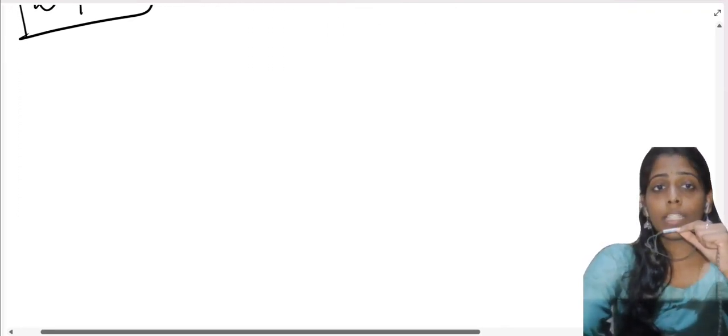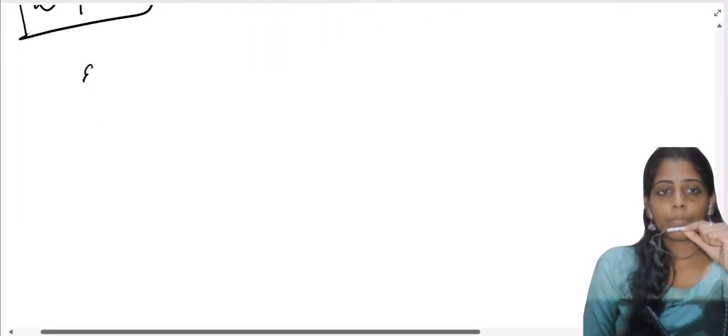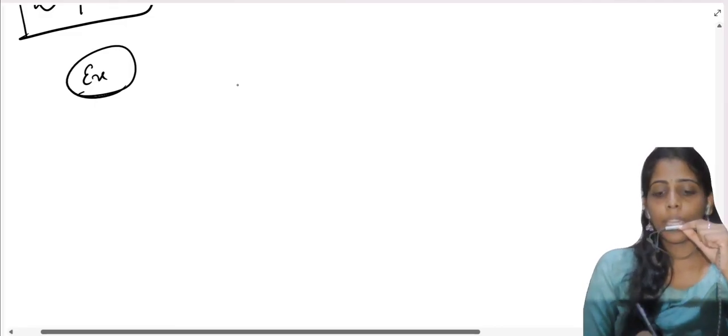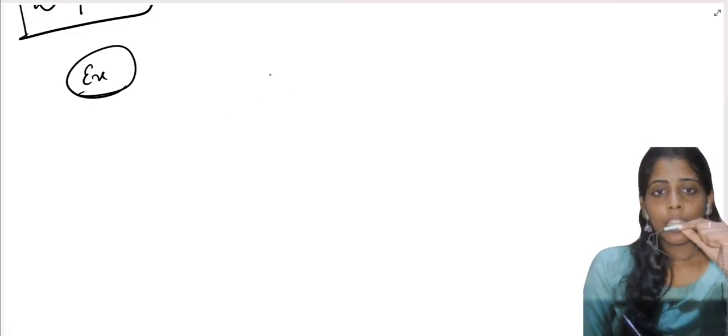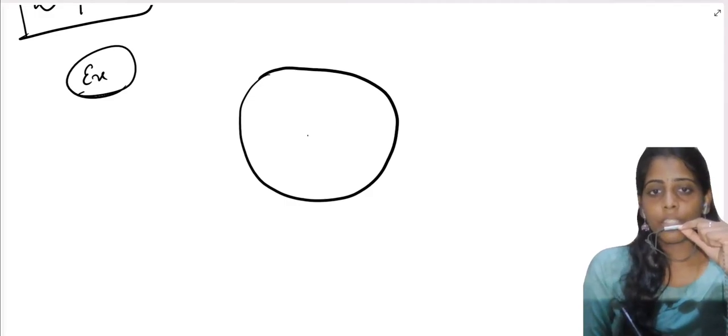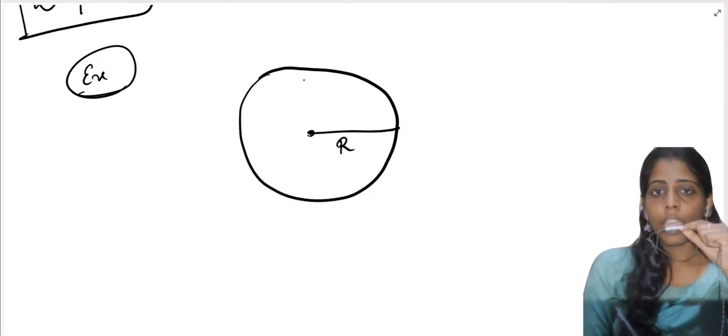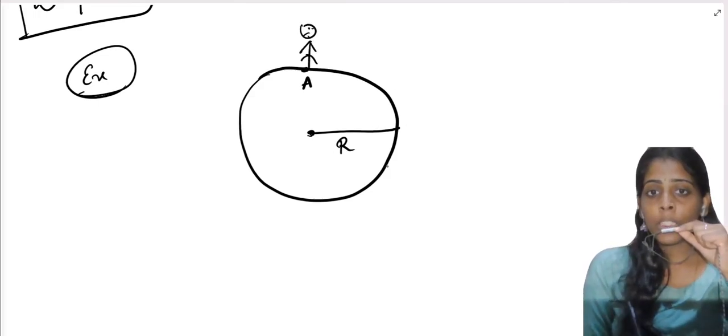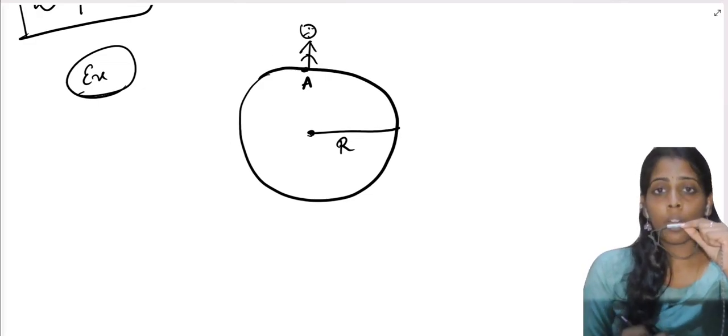Now, to understand this, let us consider an example. Let us say that there is a circular park with radius r, and a person is starting from point A and wishes to complete one round.